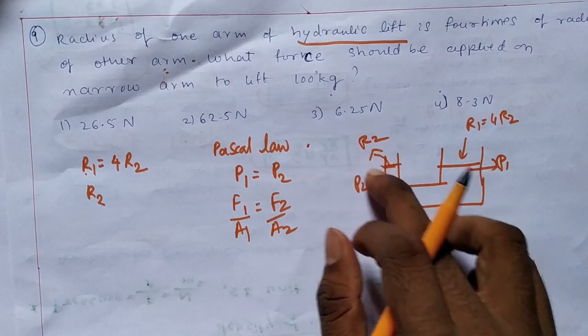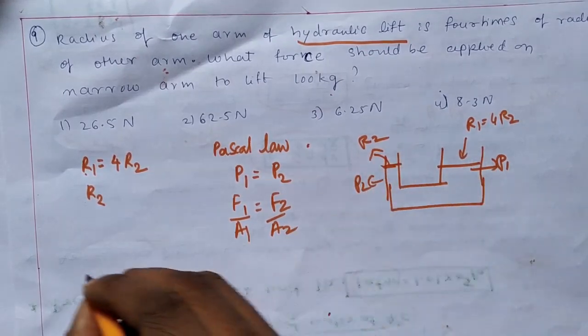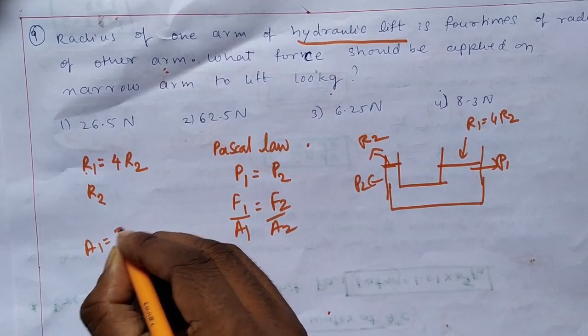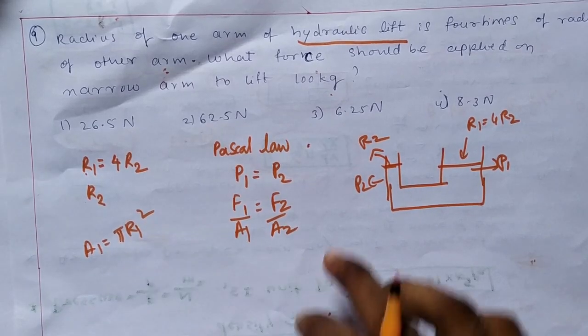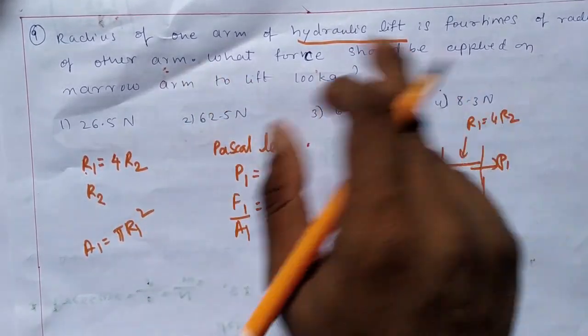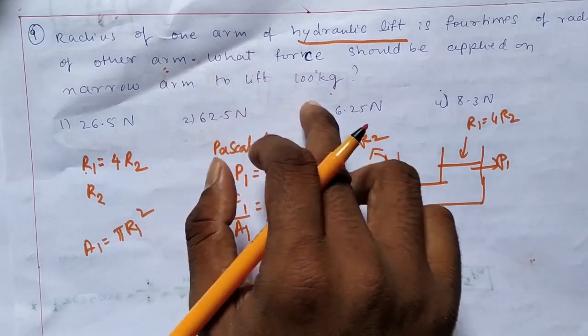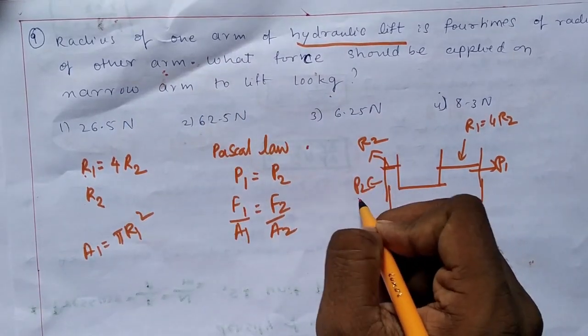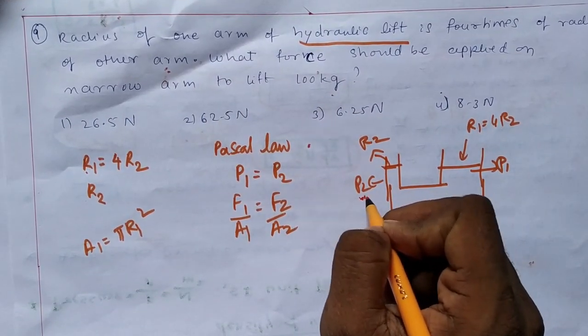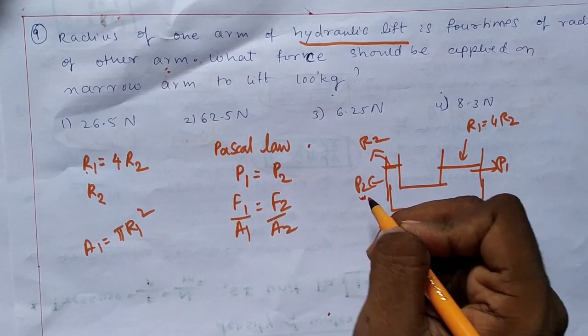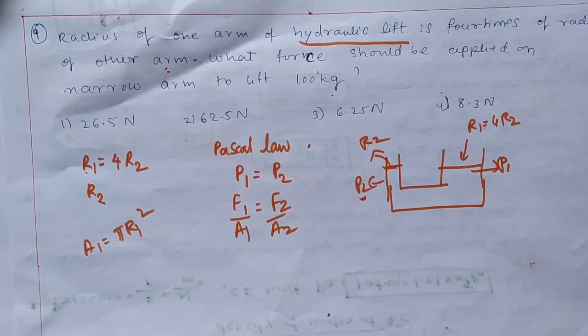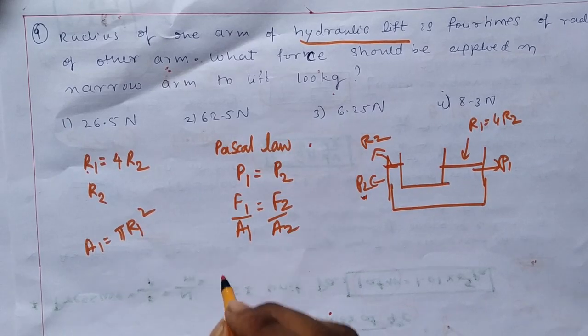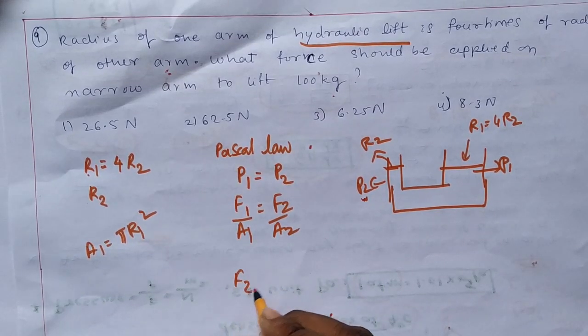Since it is a circular cross section, you will get area A1 is equal to pi R1 square. What do you need here? You need the force applied on the narrow arm to lift 100 kg. You need the force, this F2, so you can calculate F2 here.